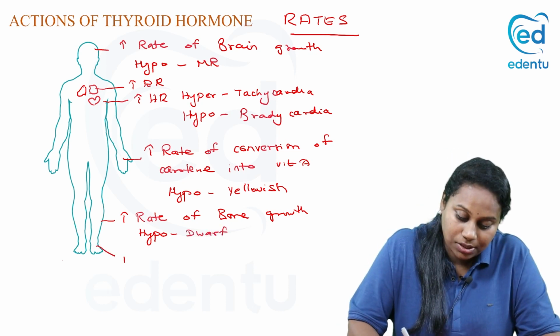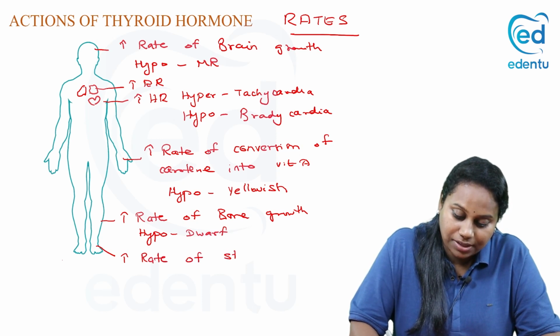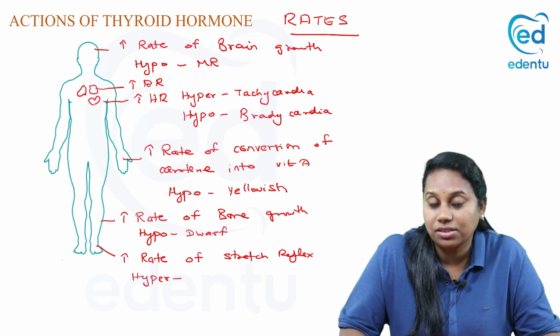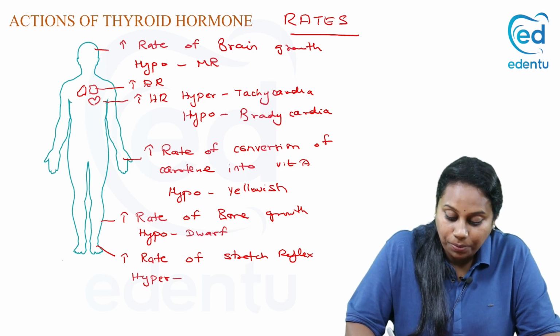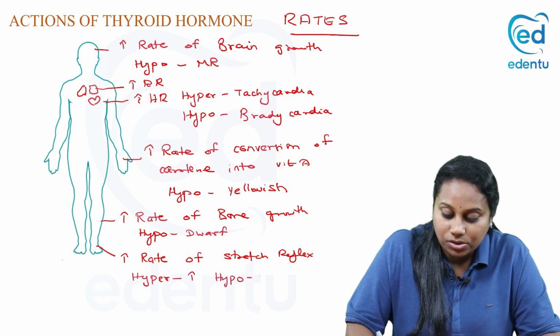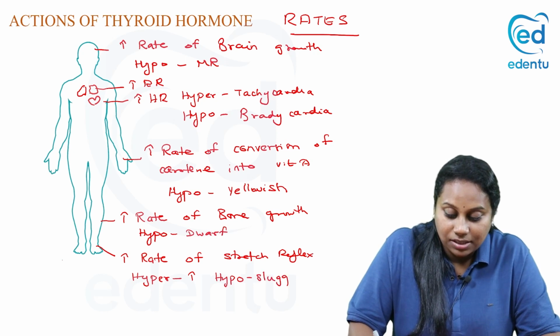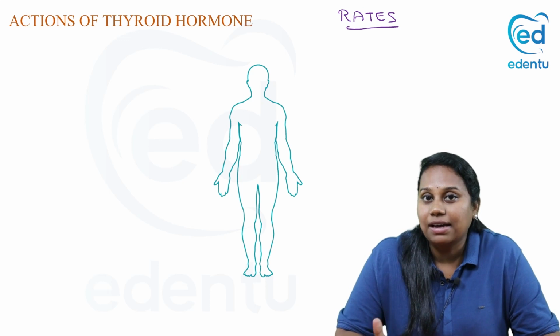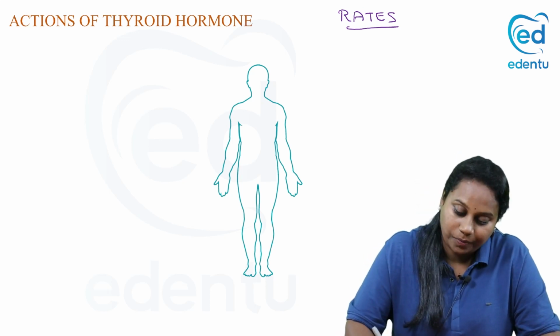And thyroid hormones increase the rate of stretch reflex. That is why hyperthyroid patients have increased stretch reflex, and hypothyroid patients have slow stretch reflex, called sluggish stretch reflex. So what other rates are increased by thyroid hormones?